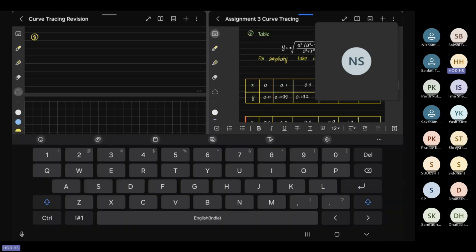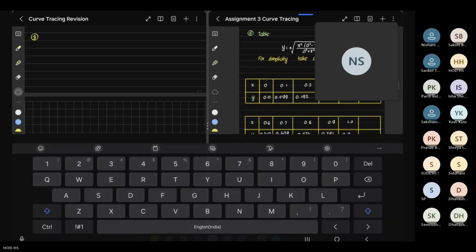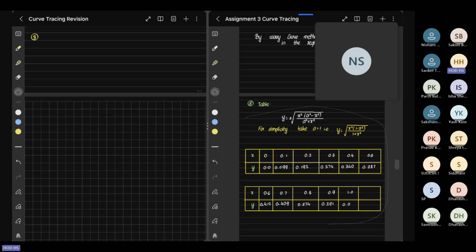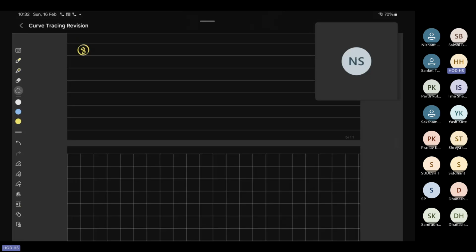I'll just copy this table. Here, for simplicity, I have taken a is equal to 1 to draw the tabular values.